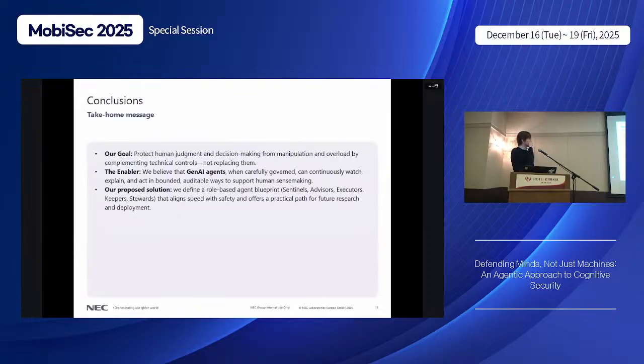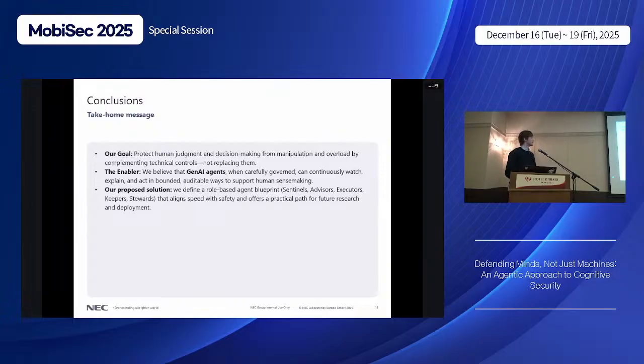So in conclusion, we believe that cognitive security is a field that is more and more important in cybersecurity nowadays, especially with the advent of generative AI. So we want to protect human judgment and decision-making from manipulation and overload by complementing technical controls and not replacing them.